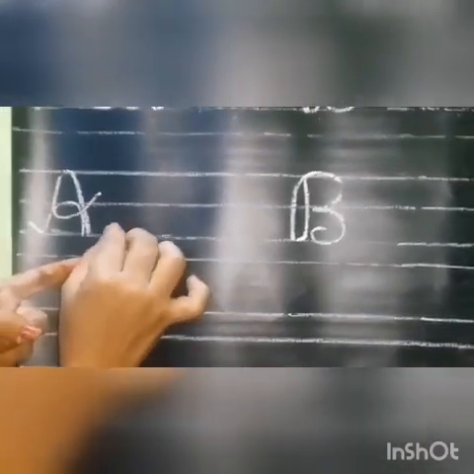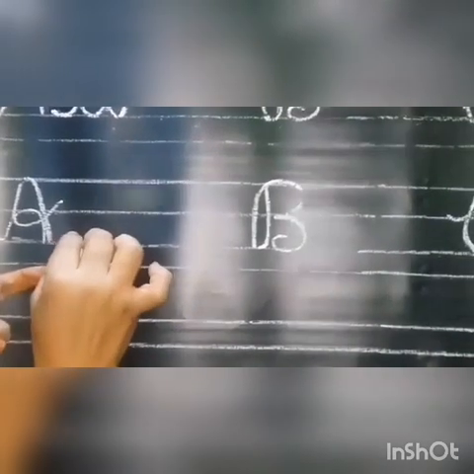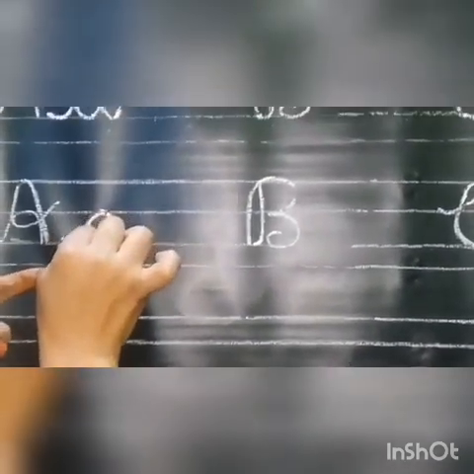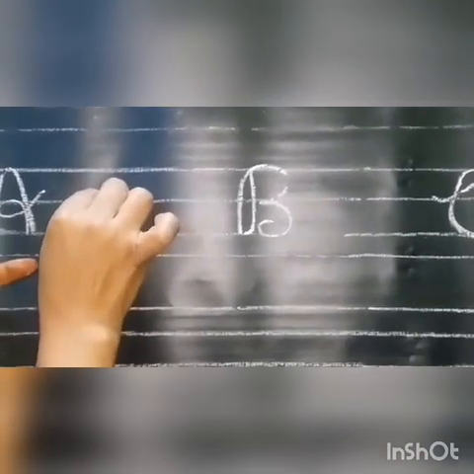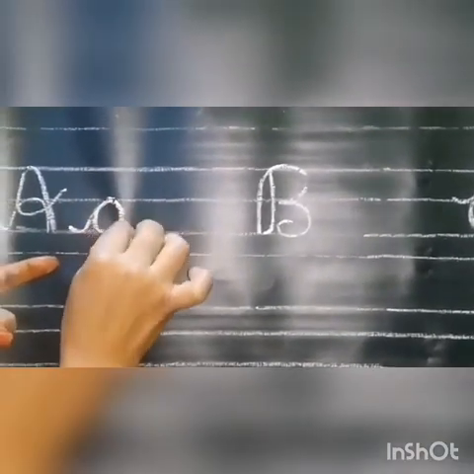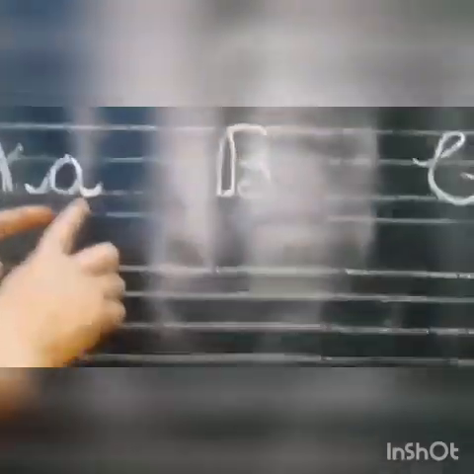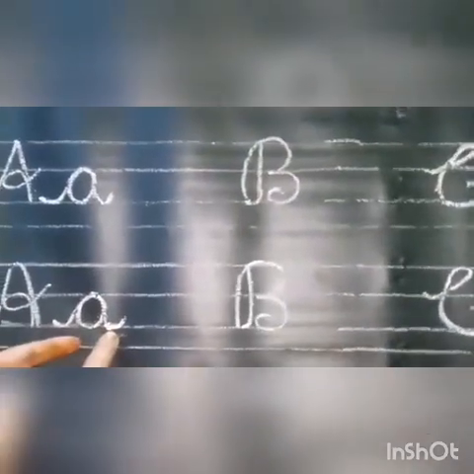You make a small curve from the third line to the second line and write a letter O. Then a small curve from the third line. Okay, we get the small letter alphabet A.